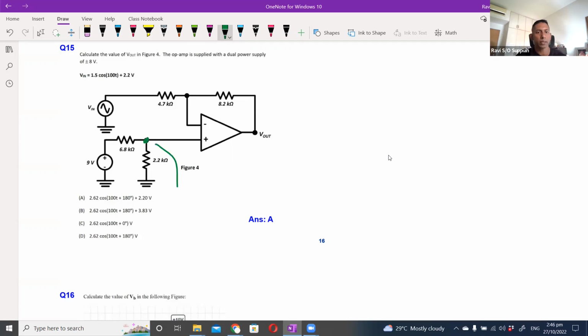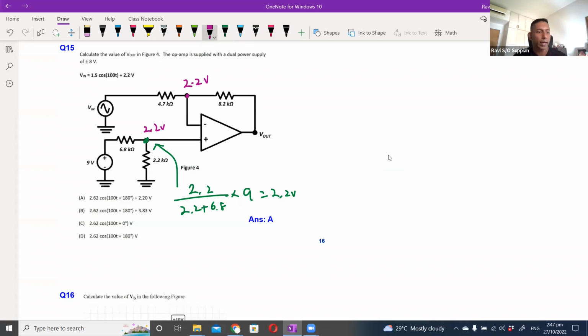That voltage is 2.2 divided by 2.2 plus 6.8, multiplied by 9, which gives me 2.2 volts. So V plus is 2.2 volts, which means V minus is also 2.2 volts.